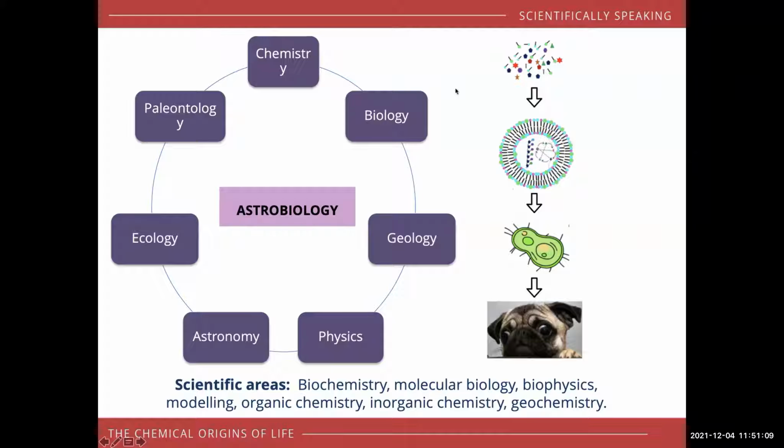And in our lab, the areas whose tools we use to understand the questions we're interested in include biochemistry, biophysics, organic chemistry, inorganic chemistry, geochemistry. So we work at the edge of geology, chemistry, and biology. And we are experimentalists, but we talk extensively to people who do modeling, who try to understand aspects from a theoretical perspective, to also bring in an understanding that is otherwise not possible by using experimental tools alone.